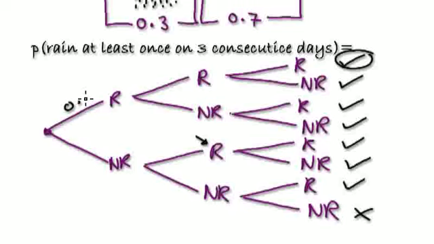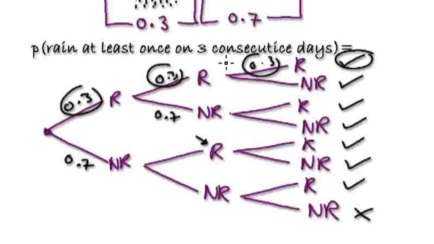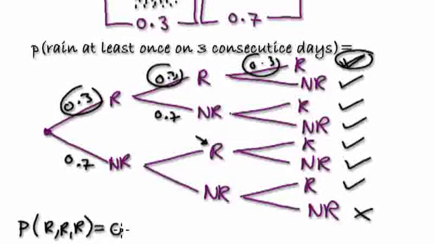Well, this is 0.3, 0.7. This is 0.3. This is 0.7, and so on, 0.3. So basically to get this rain, you've got to get 0.3 and this and this. So basically you've got to multiply all three together. Okay, so all right. So you need this branch here. So probability of rain, rain, rain would be 0.3 times 0.3 times 0.3.